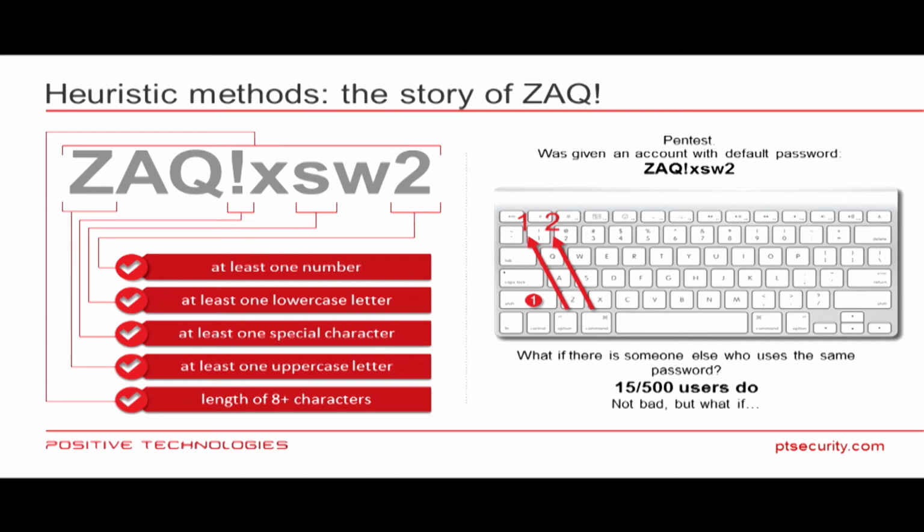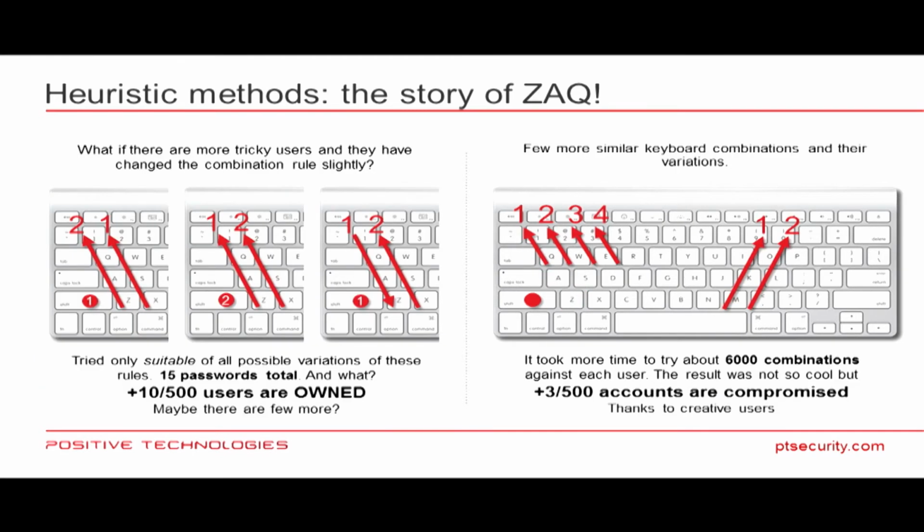So we put shift, A, Z and 1, and we release the shift. And we slightly change this rule, add 15 more passwords and try to get yet another 10 users.